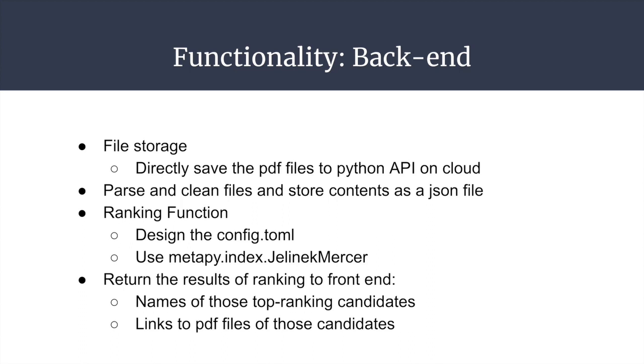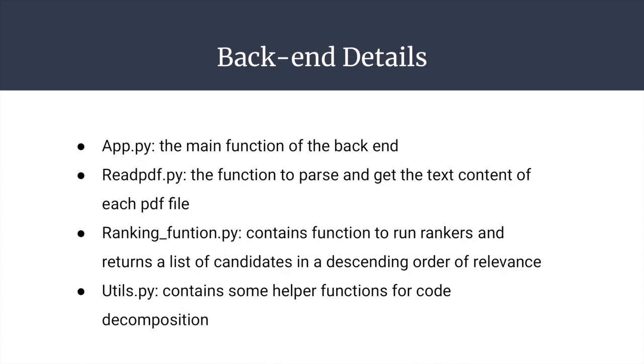We will return names of those top ranking candidates, and also we return the links to the PDF files of those candidates as well. There are more details about the front end and the back end. So app.py contains the main function of the back end. And in readPDF.py, we have the function to parse and get the text content of each PDF file.